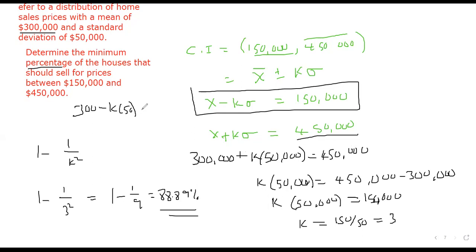I'm just scrapping out the zeros in the interest of time. This will swap: 300 minus 150 is equal to K times 50. When you divide by 50, we get the same 3 that we found there. Then we use Chebyshev, and the 3 comes to 88.89.